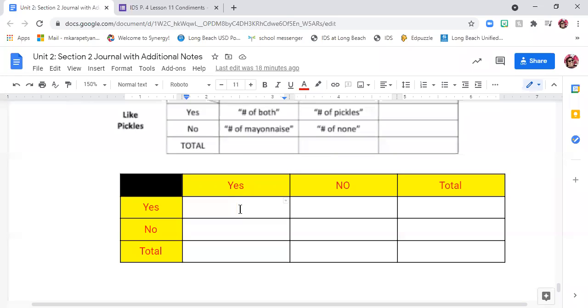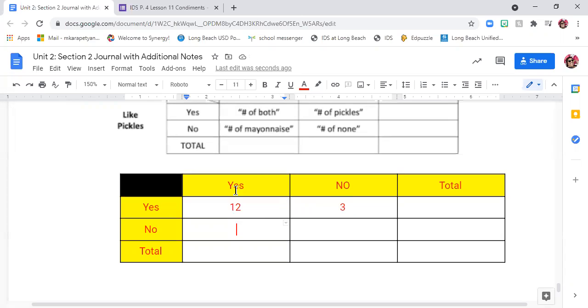So the fact that we had 12 kids put both means that we have 12 people that said yes to mayo and yes to pickles, okay? And then in this intersection here, this means no mayo, yes pickles. So which one means no to mayo, but yes to pickles? Pickles only. So that's 3 right there. Does that make sense? Yes?